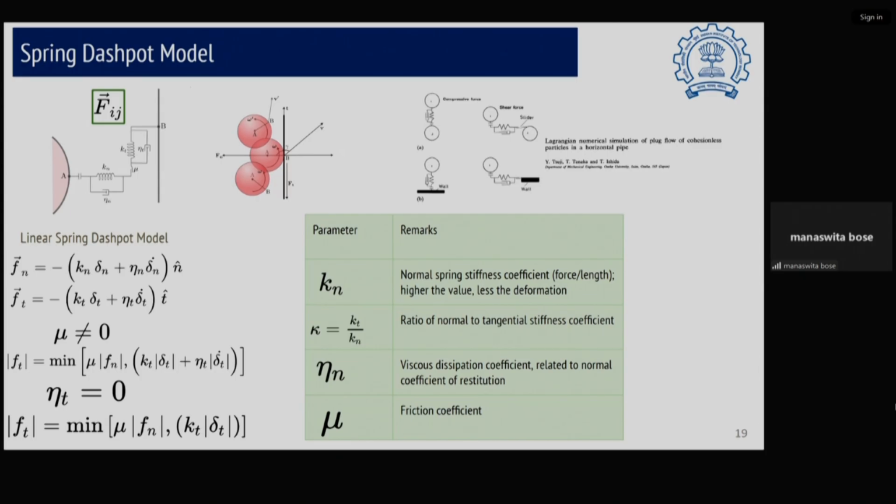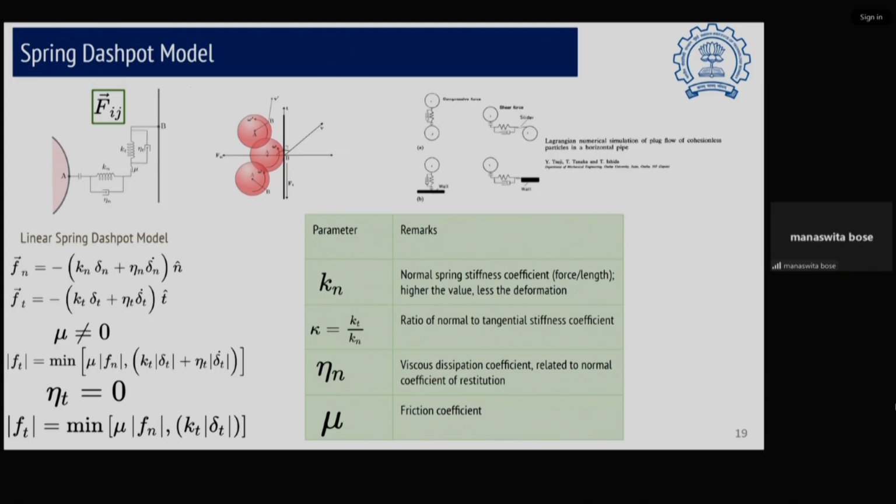There has to be some dissipation, so a dashpot is also added. This is known as a spring-dashpot model. If the spring is linear, then this is a linear spring-dashpot model. One can use this linear spring-dashpot model to determine the normal force. It can be used to determine the tangential force as well.